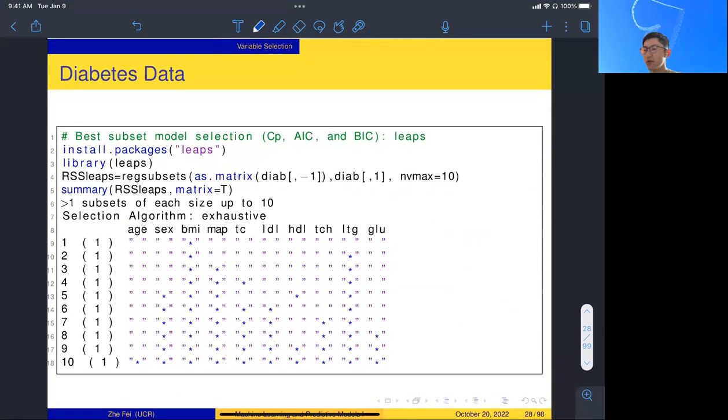So in terms of the best subset selection, the second approach we mentioned, we could use leaps.